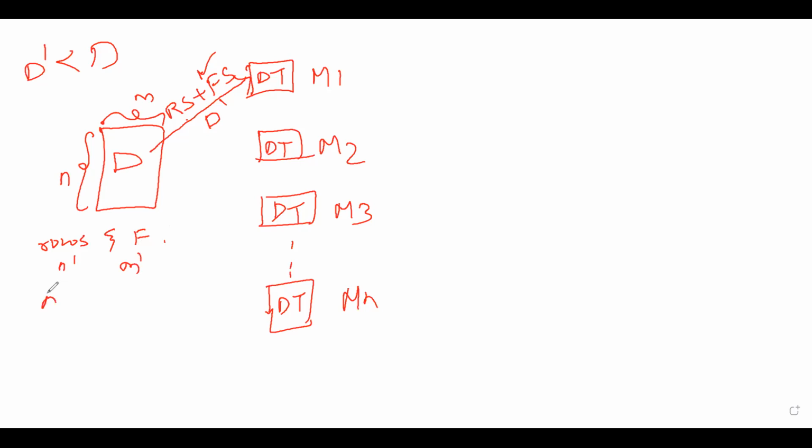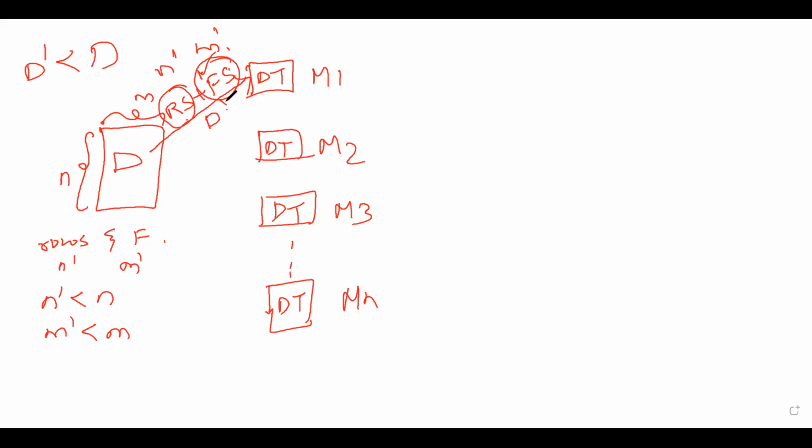Remember, n dash is always less than n, and m dash is always less than m. We combine the row sampling and feature sampling, n dash and m dash, to get D dash. We combine the sample columns and sample rows to form a sample data set.